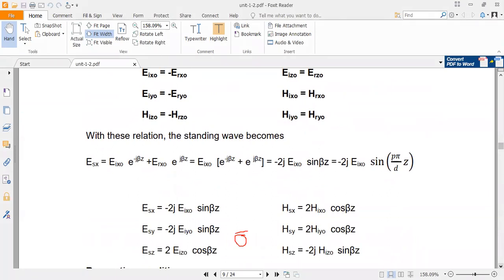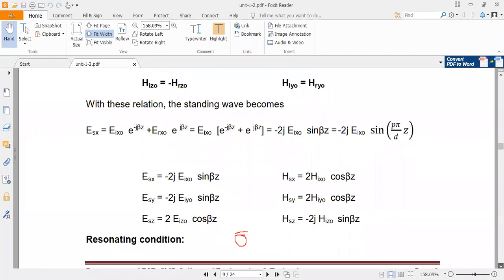If I apply the same as the above expression, these are the field component expressions I'm going to get. E_x x is equal to 2j E_i x0 sine beta z, E_x y is equal to minus 2j E_i o sine beta z, and E_x z is equal to 2 I incident wave in Z0 cos beta z. Like that, you are going to get six expressions.